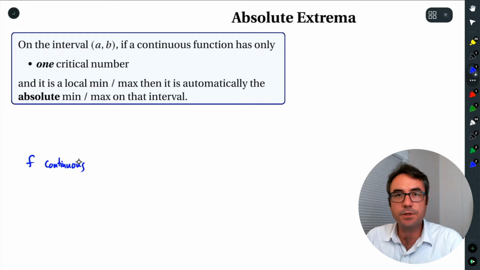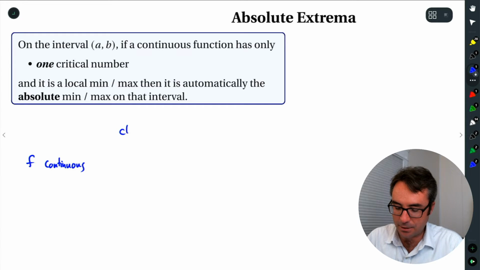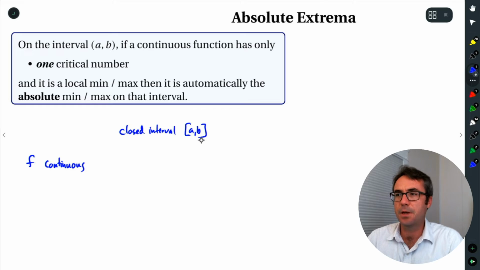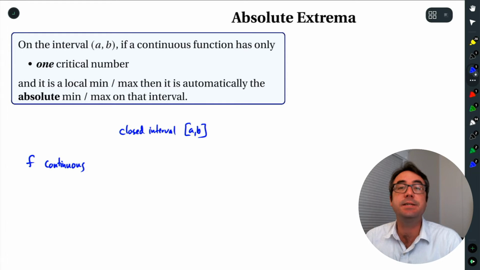And we've looked at the case where we had a continuous function defined on a closed interval from a to b. Well, we saw that in that case, our function is guaranteed to have both an absolute max and absolute min.